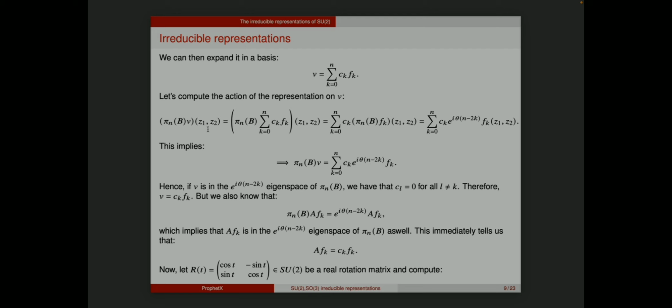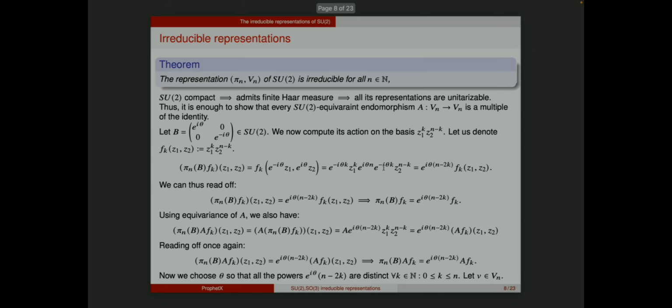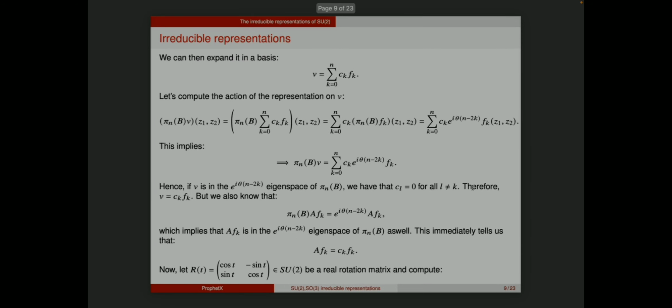And this goes by literally the same means which we just did before. So because each pi n of b is linear, we can just pull in the sum and ck, and we will just act with this guy on fk. But recall that we know how this guy acts on fk from here, right? So we know how it acts because we computed it already. So just plugging it back in, we obtain that pi n of b acting on the vector we chose is a sum from 0 to n of some coefficients times e to the I theta n minus 2k.